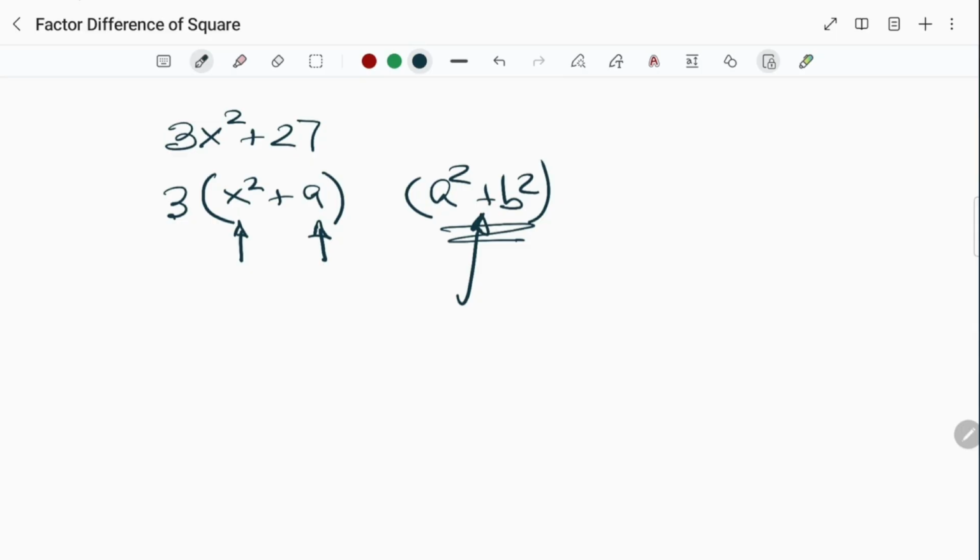The sum of the square is not factorable. Then the only thing that you can do is that expression, common factor 3 outside the parentheses that you see. Okay, guys.